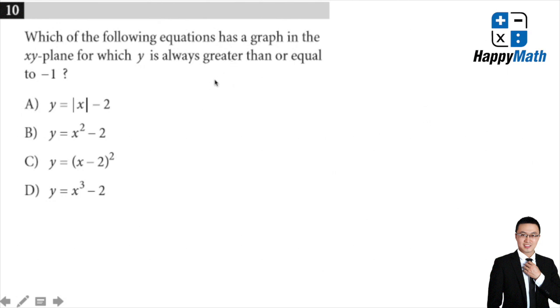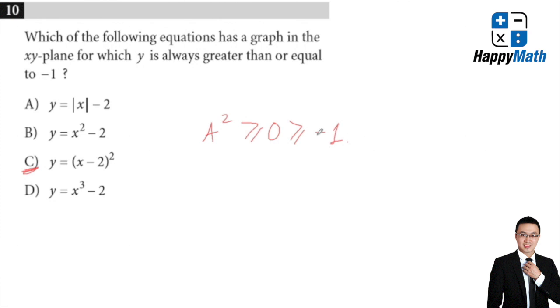We have the following equation of the graph in the xy-plane with y always greater than or equal to -1. I look at the 4 options and I focus on C. This is a square, just a square, which means it is always greater than or equal to 0. So it will always be greater than or equal to -1.